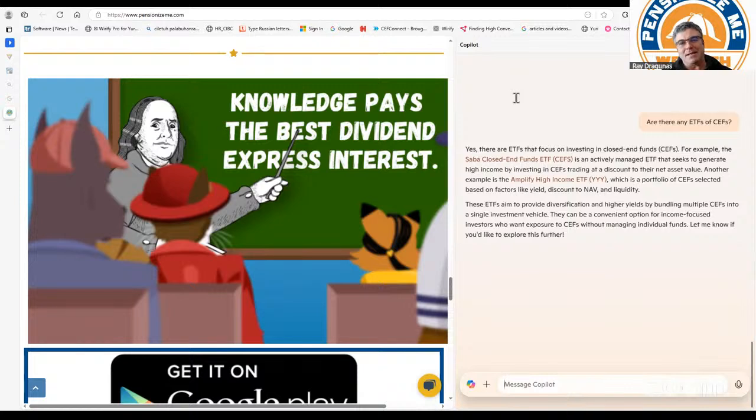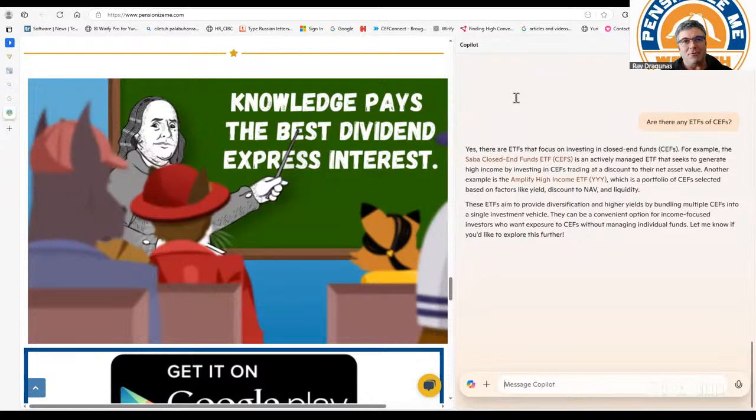So let's get back to that $10 example. Let's say that closed-end fund I mentioned was historically at $9.50 from a price perspective. That's kind of the spread between net asset value and market price. Sometimes that can widen. If it gets down to say $9 or under $9, you could buy that and then watch that discount close again.